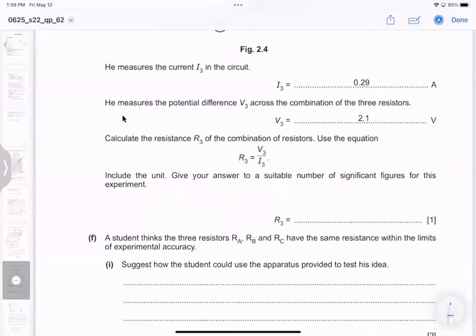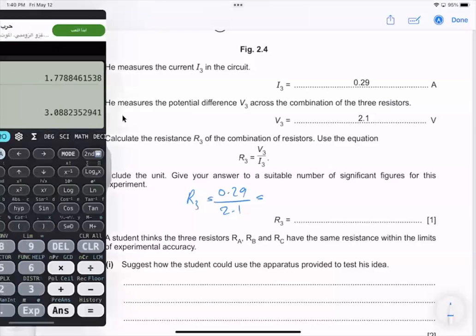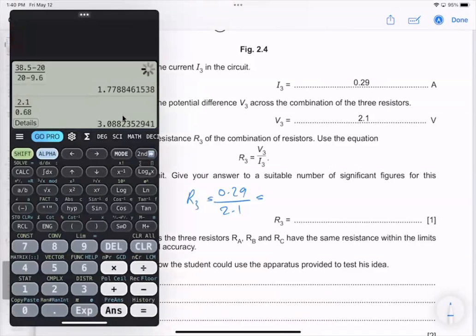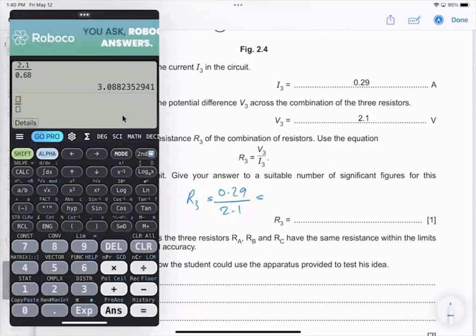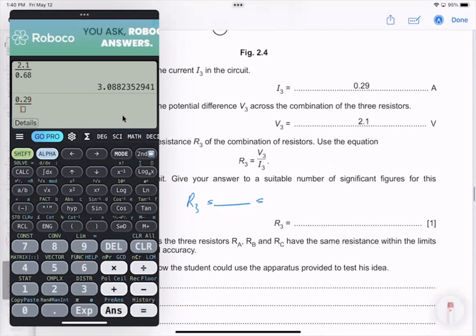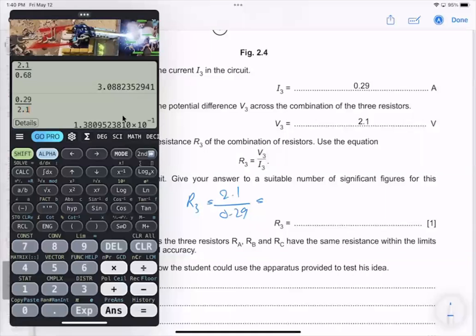Use the equation. Include the unit. Give your answer to a suitable number of significant figures for this experiment. Okay, R3 equals V3 over I3, which is 2.1 over 0.29. 2.1 over 0.29.